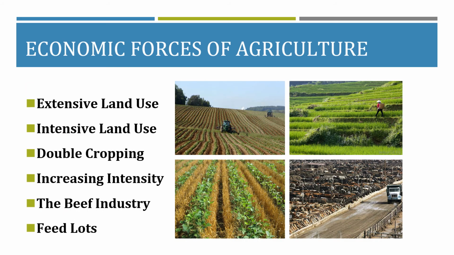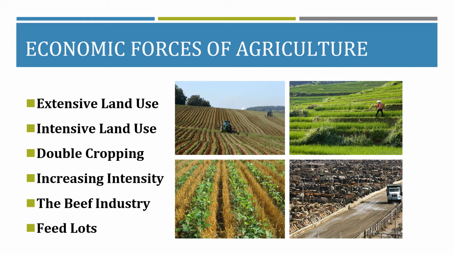So we just said that extensive land use means that you're not getting very much output per area of land, which means that if you're doing extensive types of agriculture, you're going to want that land to be super cheap, meaning it's going to be in areas not close to cities and not very valuable for other types of land.